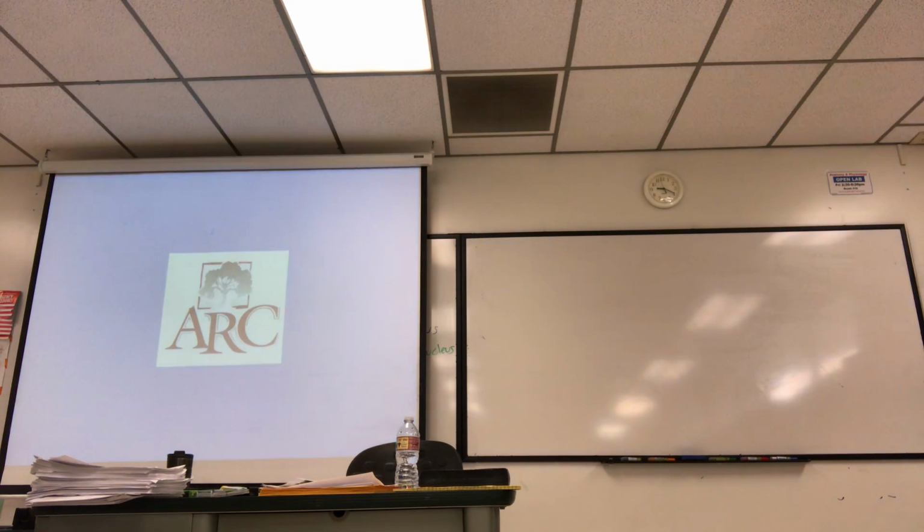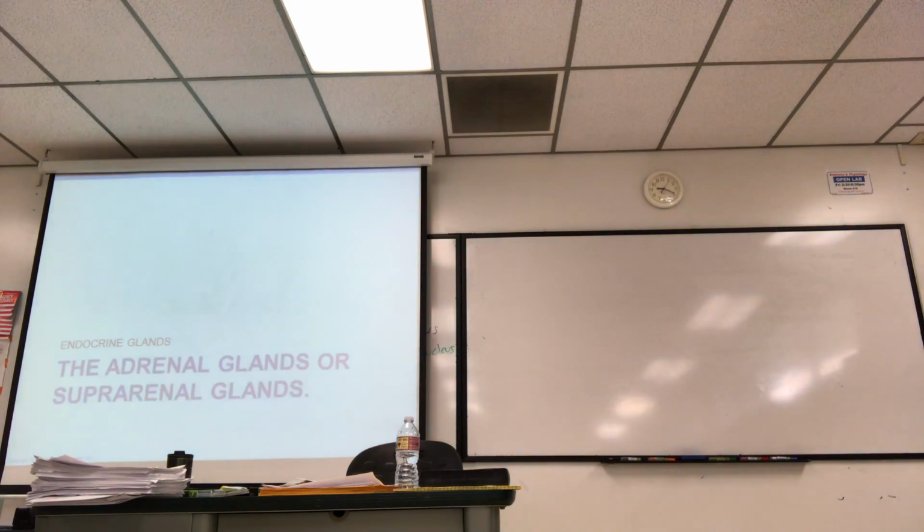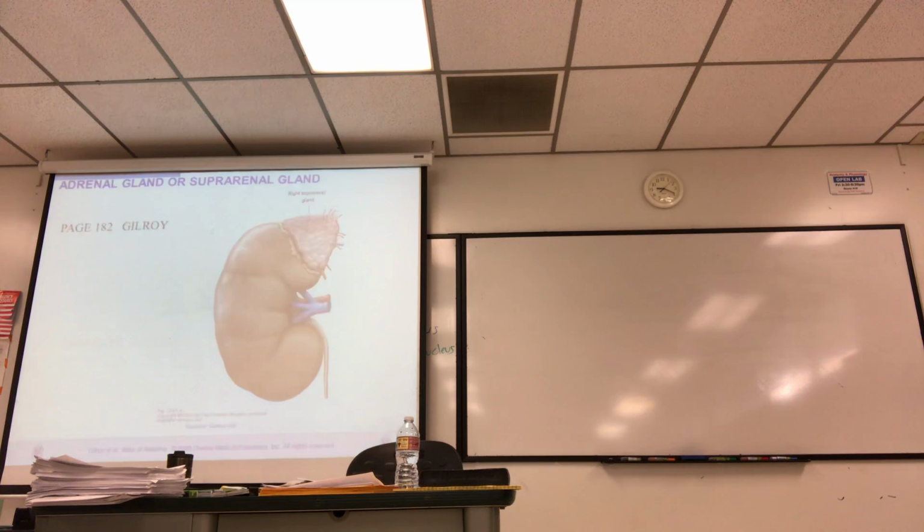I want to flip the page on pituitary and start the next gland on Endocrine Lecture 3. And we're going to start with the adrenal gland, or suprarenal gland as it's also known, on top of the kidney.